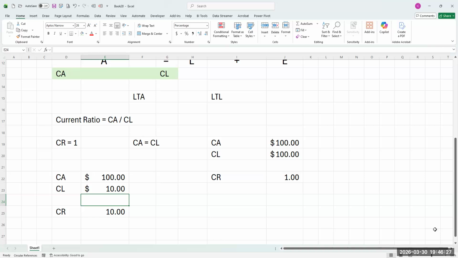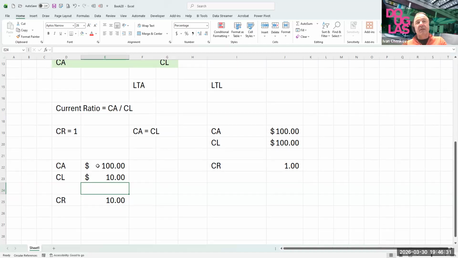Yeah, and it is good. But now, in the current assets, you have to understand we're also including the short-term investment. The short-term investment is easily convertible into cash.